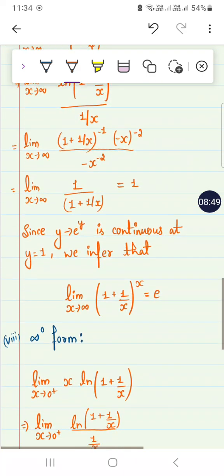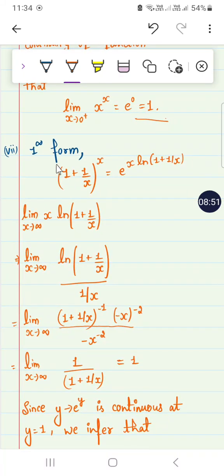Now the 1 to the power infinity form. What is the 1 to the power infinity form? 1 plus 1 over x, the whole to the power x. If you have this function, this gives you limit extending to infinity. When you take the limit extending to infinity, this gives you 1 to the power infinity, right? So what we should do for this function, which gives you a indeterminate form, is take log: e to power x log 1 plus 1 over x, right?